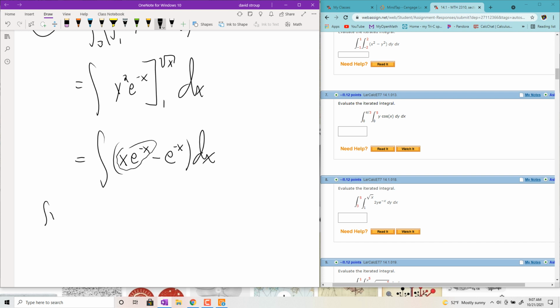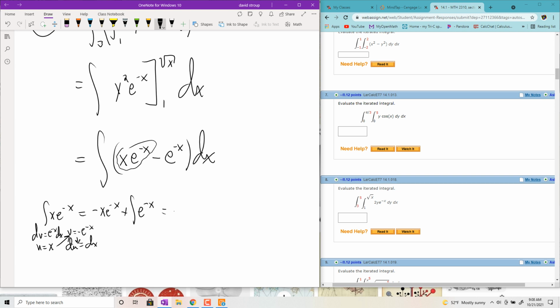So let me just kind of do a mini integral over here. u is x, so algebraic before exponential. v is negative e to the negative x. du is just dx. If you want dx there it is. u times v, so negative x e to the negative x minus the integral of v du. So that'll become plus the integral of e to the negative x.